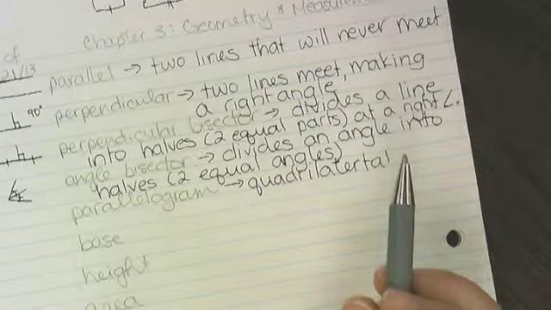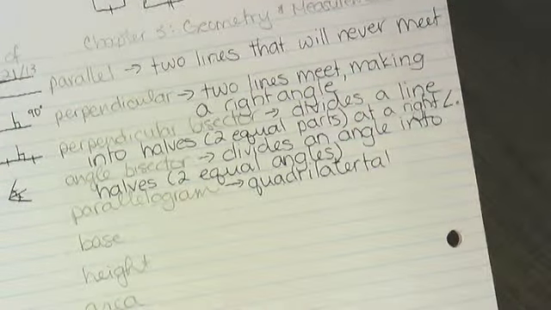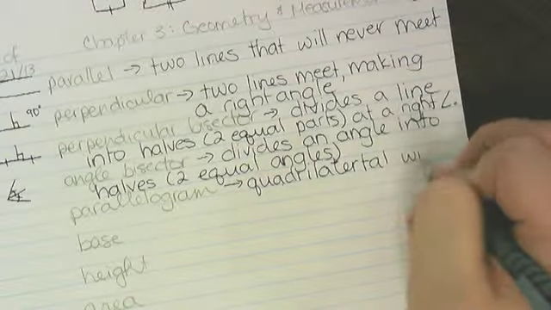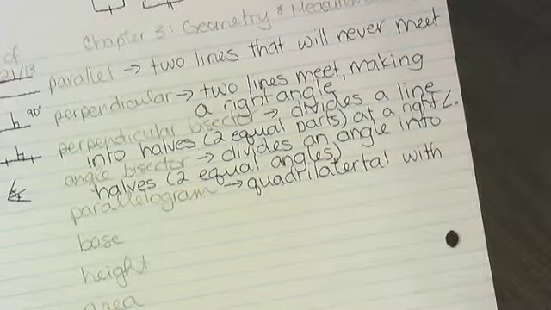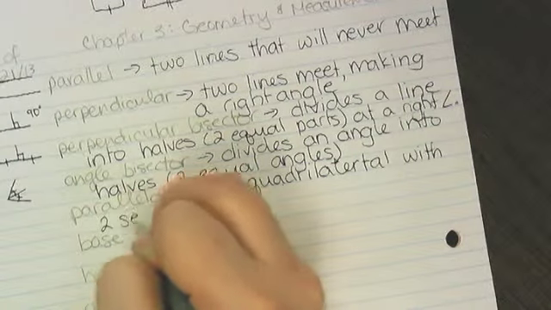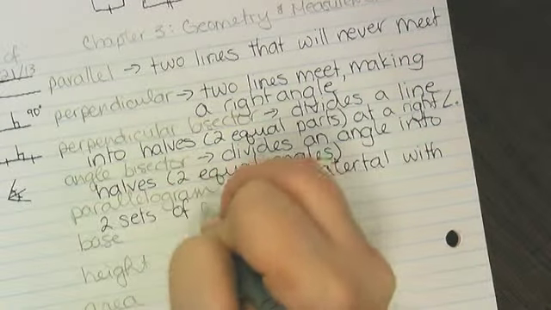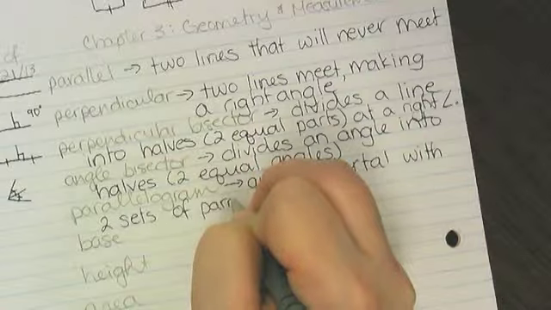All the lines are parallel? How could you have a four-sided figure if all the lines are parallel? Oh, no. Two lines are parallel. The lines opposite to each other, parallel? Okay. With two sets of parallel lines.